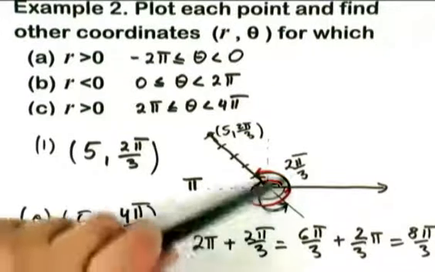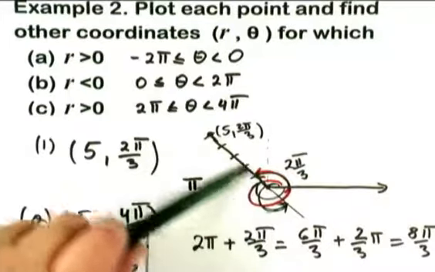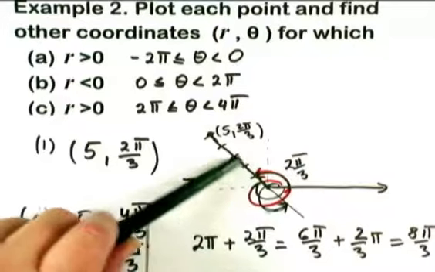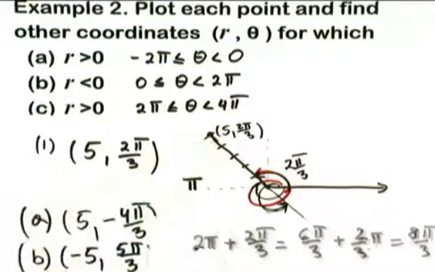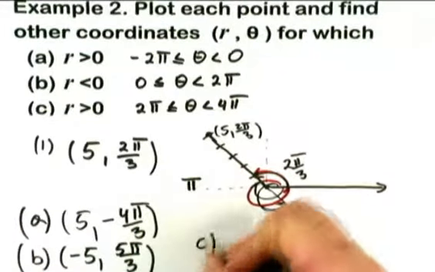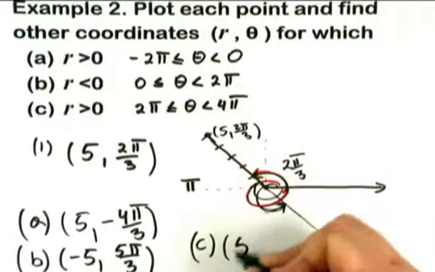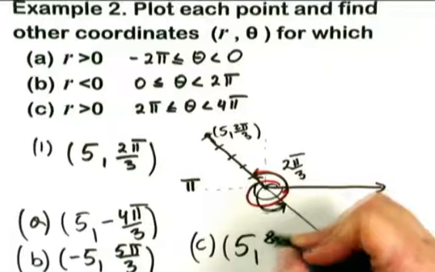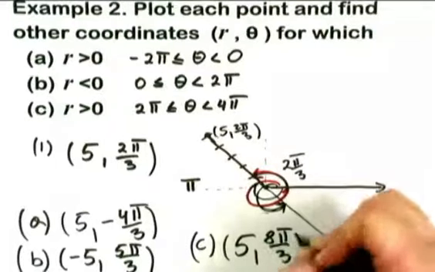So 8 pi over 3 would give me the same angle right here, and I would go 1, 2, 3, 4, 5 points. So for C, we have that this distance r is 5, and the angle we just found is 8 pi over 3.